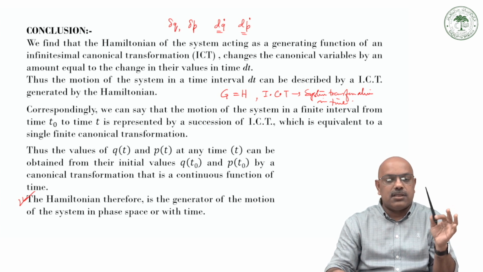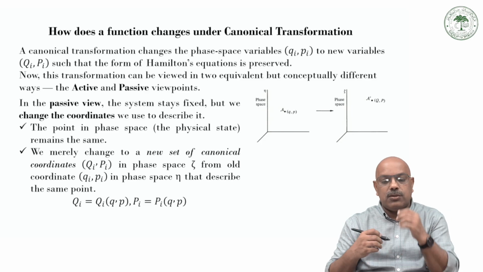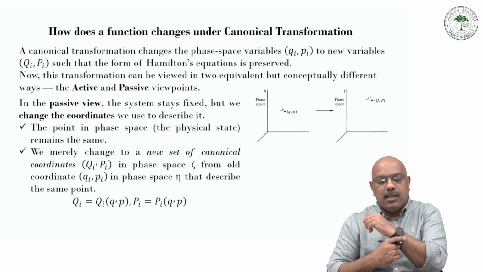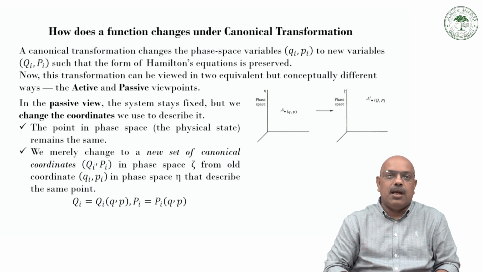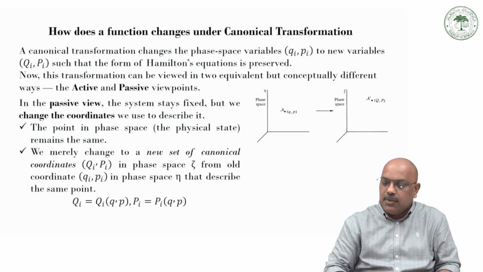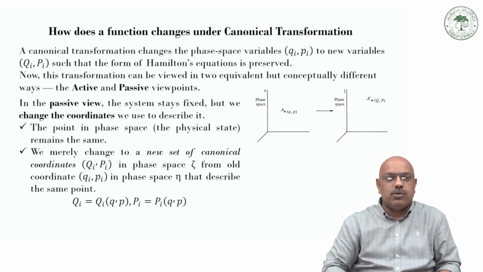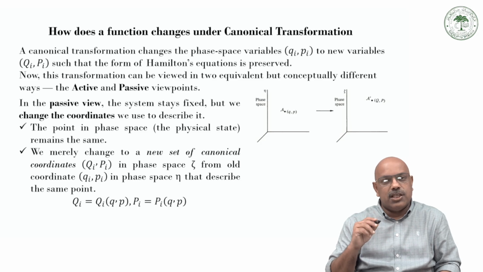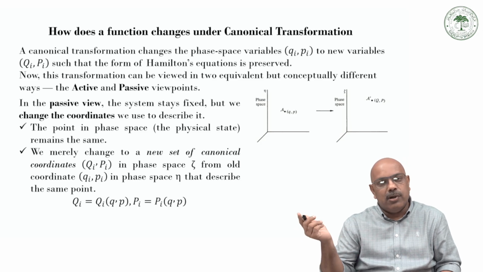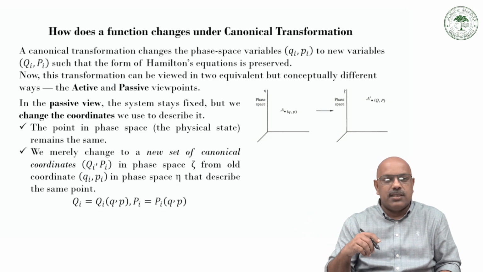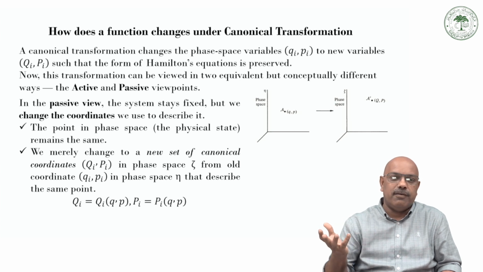Now the second thing we are going to see is how a function changes under canonical transformation. A canonical transformation changes the phase space variables, small q and p, to new variables, capital Q and P, such that you demand the Hamilton equations be preserved.